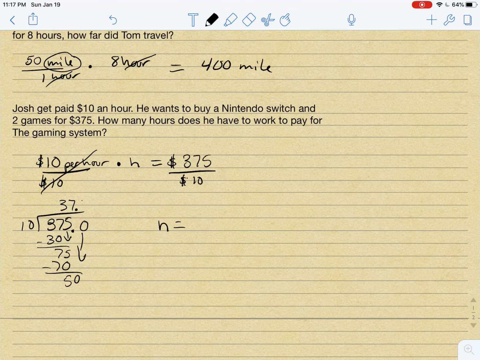And 10 can go into 50 5 times. And there we have nothing else to bring down, and we're at 0, so there's no remainder. So then the number of hours needed to work would be 37.5. So that's using finding unit rate and then using unit rate to solve problems.